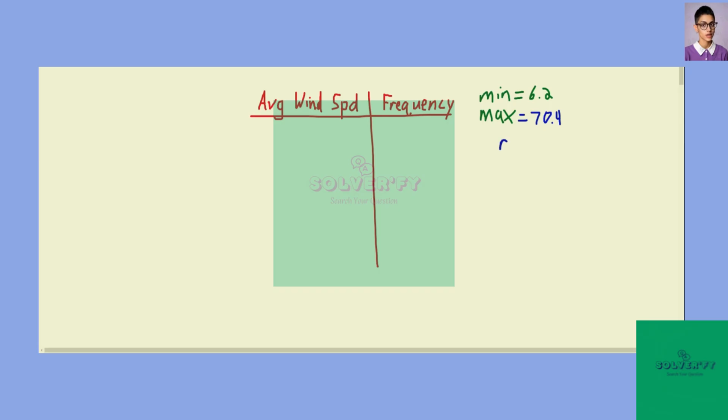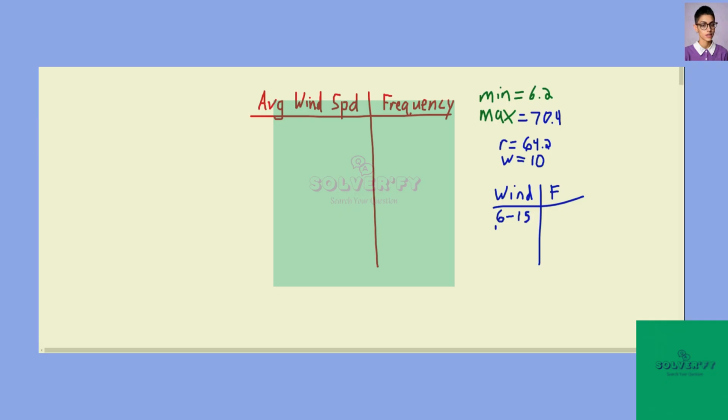This would give us a range of 64.2, which would give us a width of 10. So then we would have a new chart down here where our first class would go from 6 to 15.